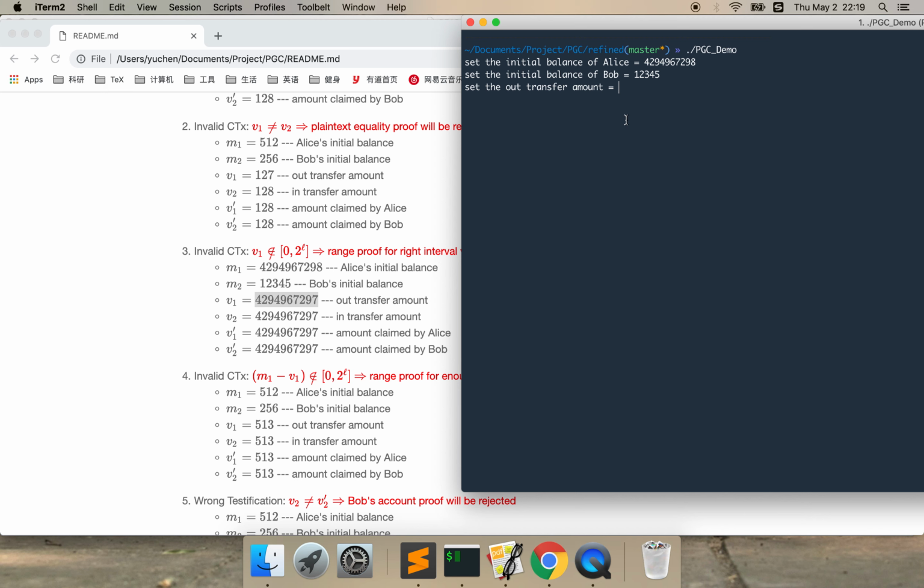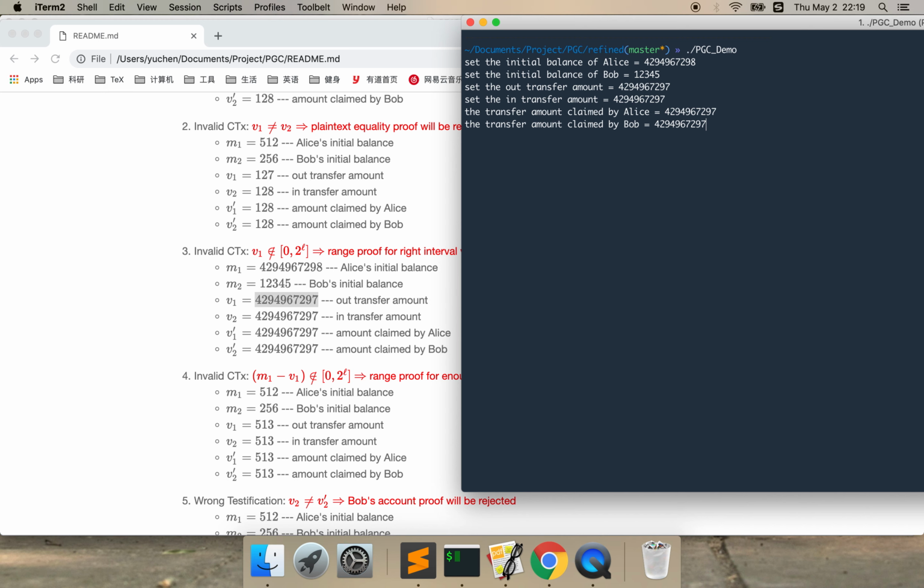The out transfer amount is 2 to the 64 plus 1, and also the in transfer amount. Both Alice and Bob claim the transfer amount should be this value.